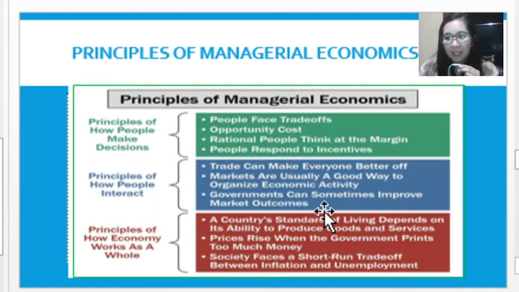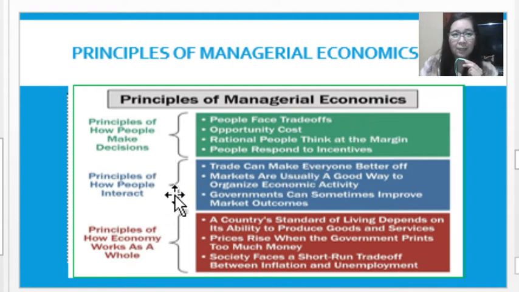So the next is people respond to incentives. This is what we are actually referring to in the key concepts in the first video lecture. Here, people will respond to rewards. Meaning, if you give your subordinates rewards or incentives, they will do their task efficiently and effectively. So that is for the first part.